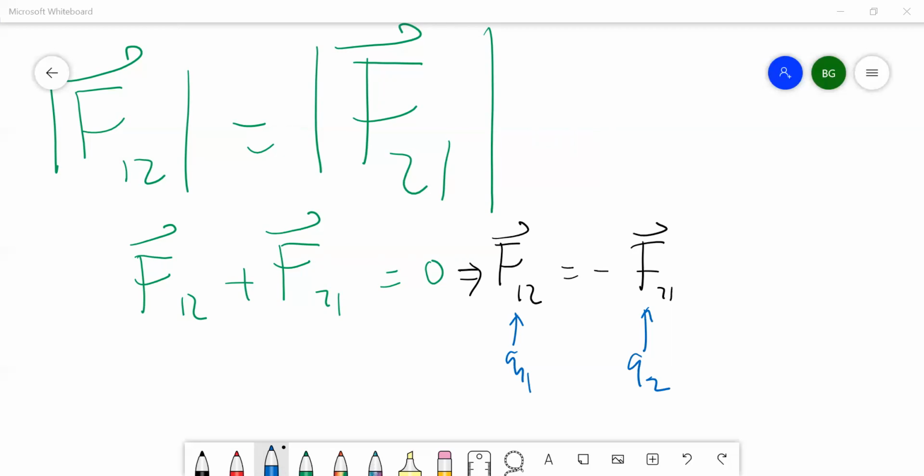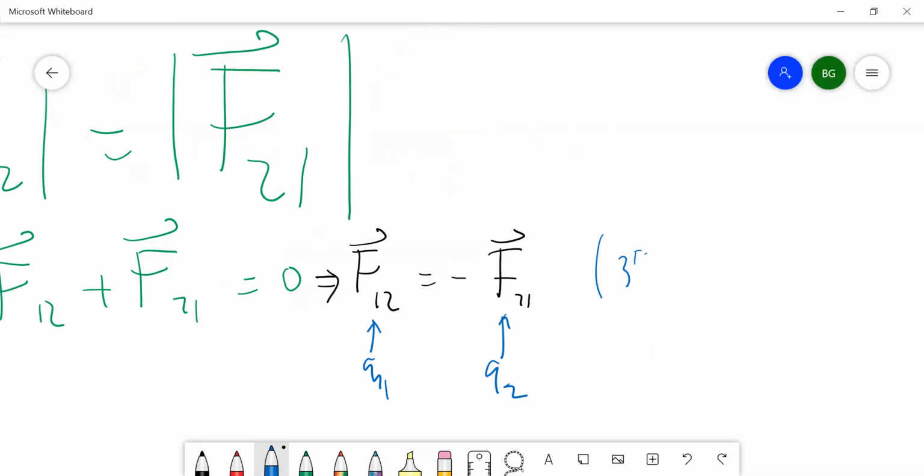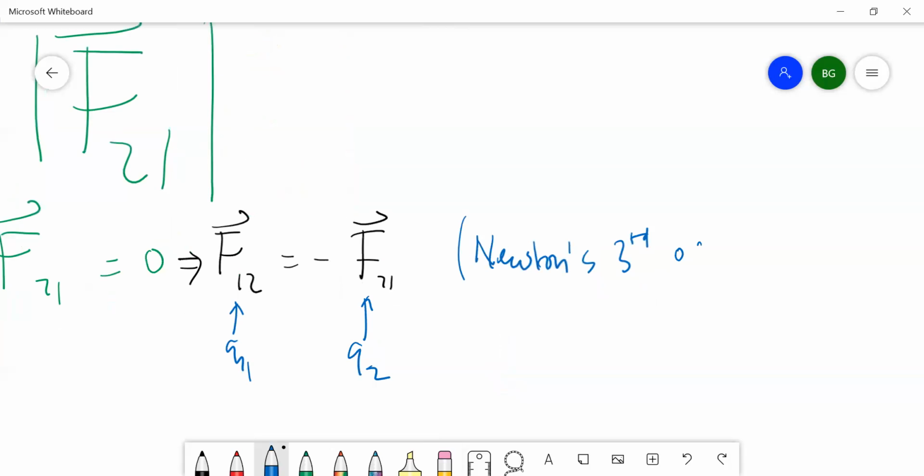So this is Newton's third law of motion.